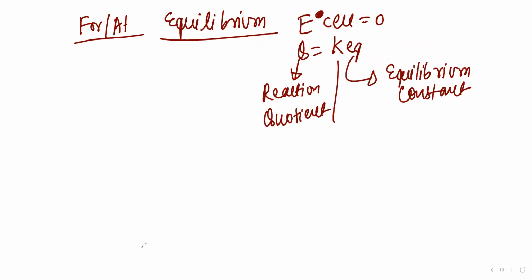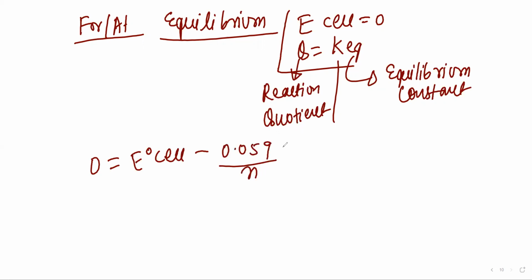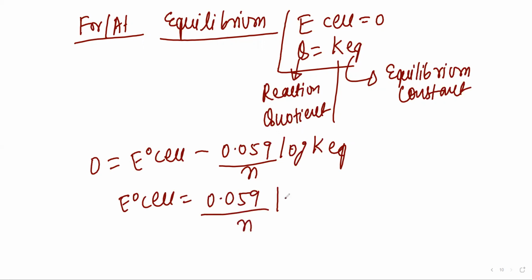So put this value in the formula: 0 equals E naught of cell minus 0.059 upon n log of K equilibrium. So E naught of cell is equal to 0.059 upon n log of K equilibrium.